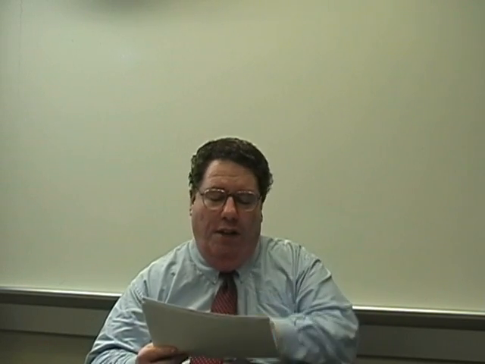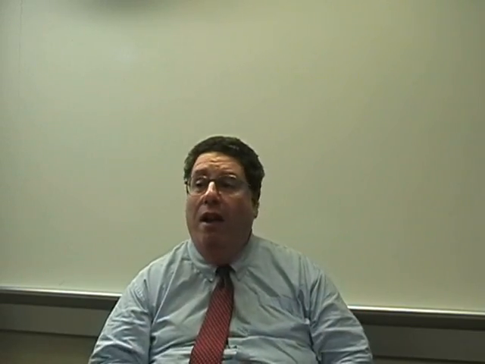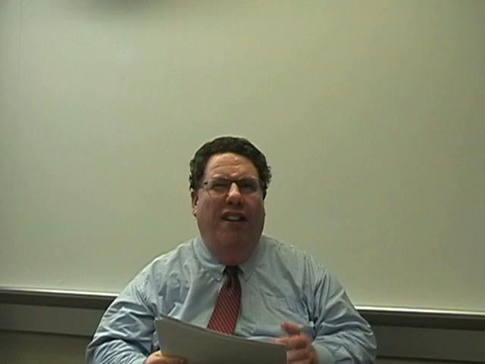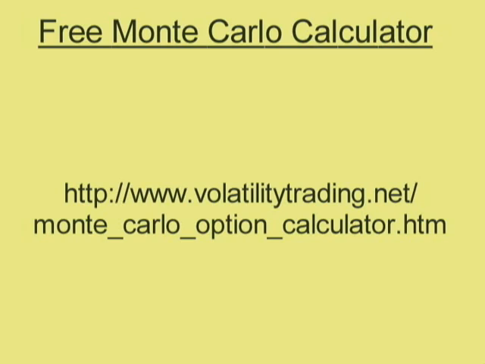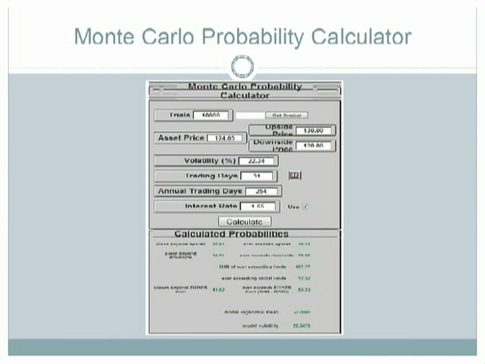And to do this, you use something called Monte Carlo probability calculation. There's only one that's free that I know of. You enter the current price and the upside downside price. That would be your option prices.